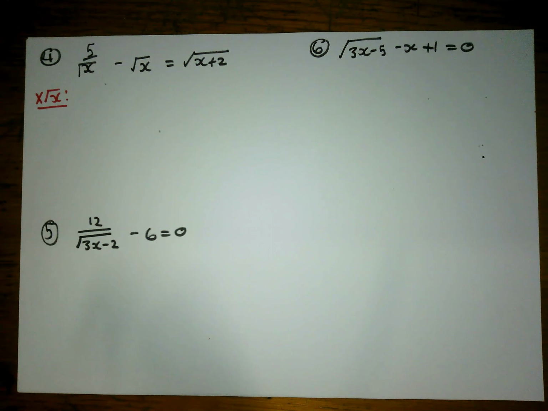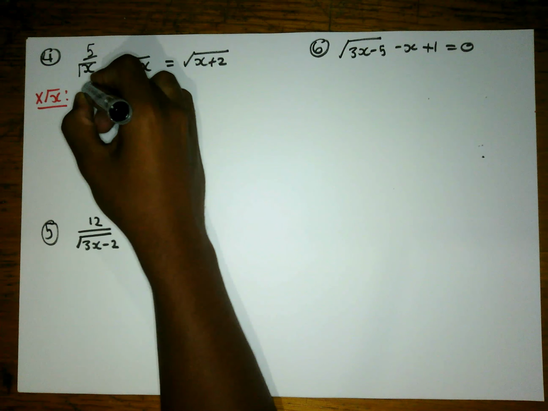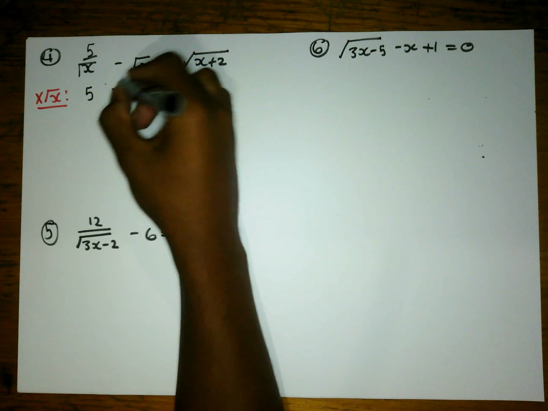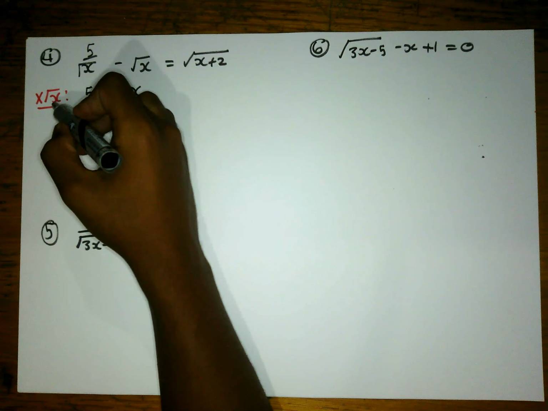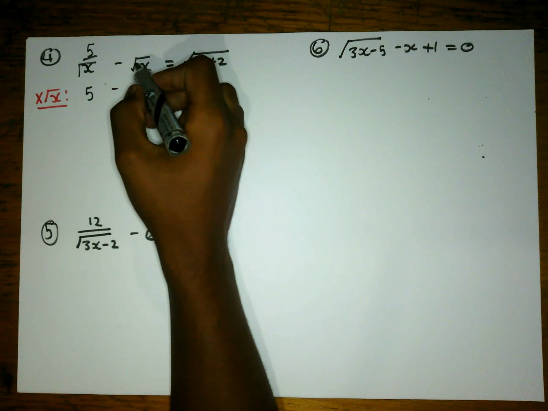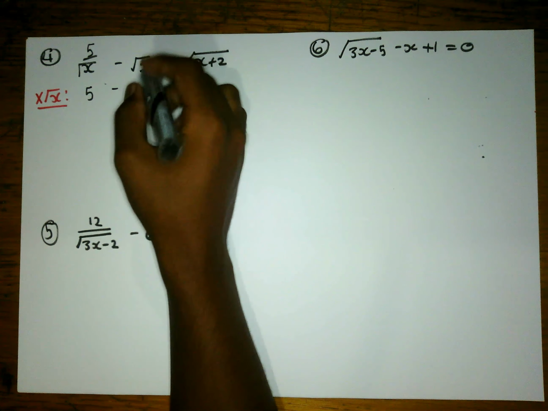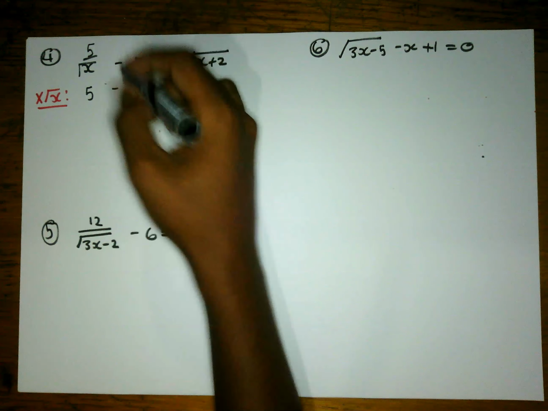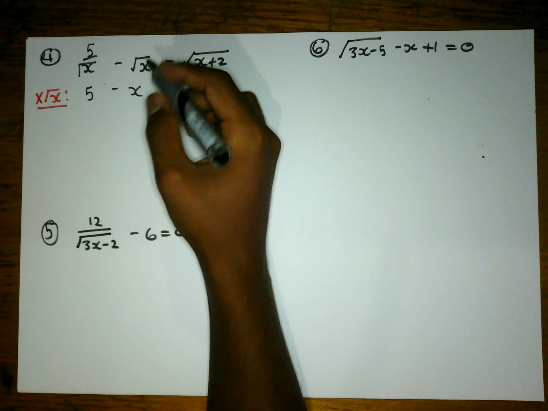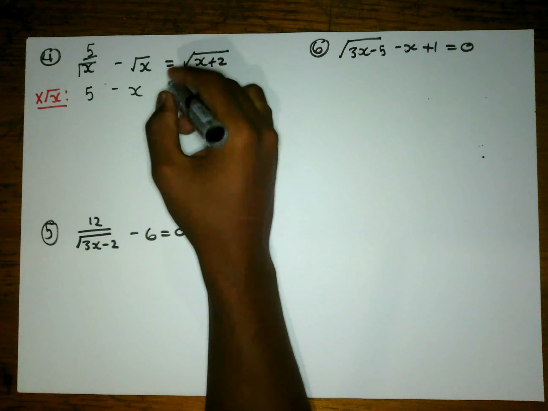And when we do that, we are left with the 5 minus x, because the same square root multiplied by the same square root will eliminate the square root and we're left with just a number inside.